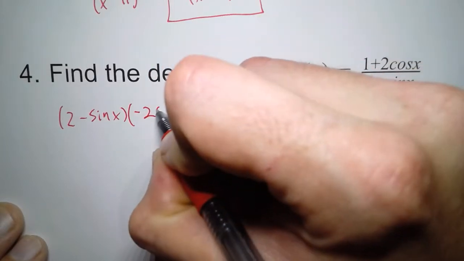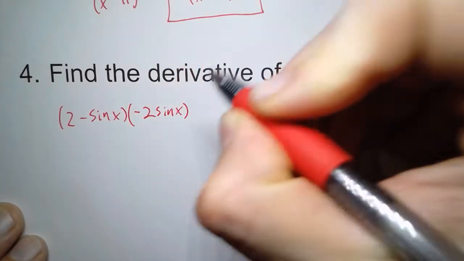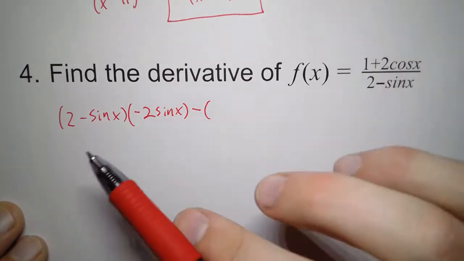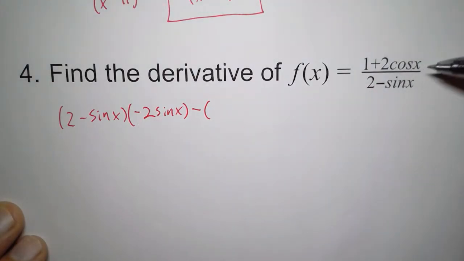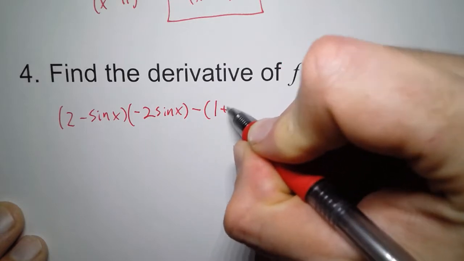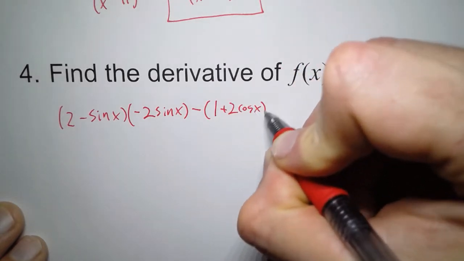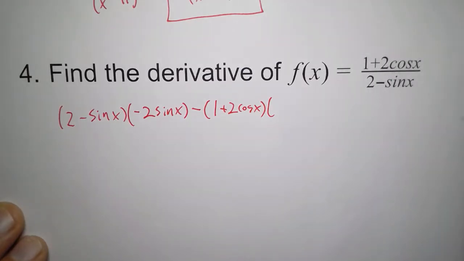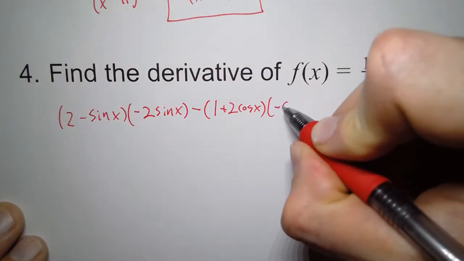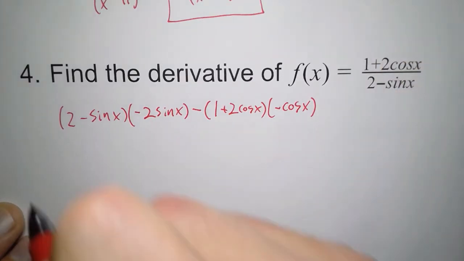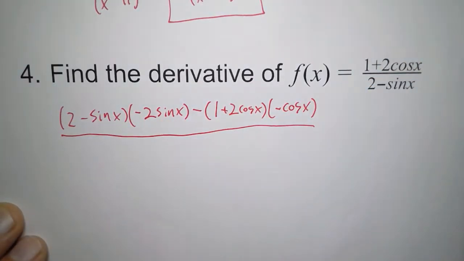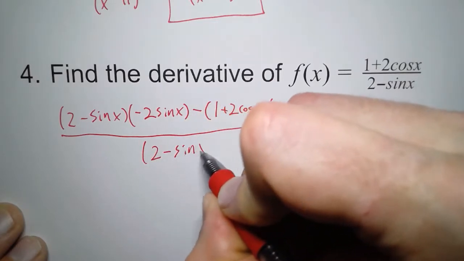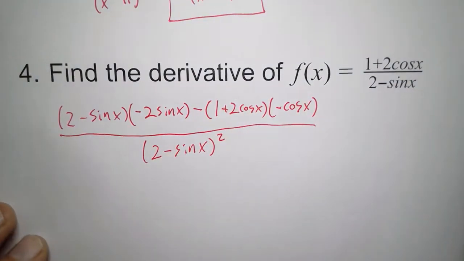So negative 2 sine of x, minus, so we have low d high minus high, the numerator, 1 plus 2 cosine of x. D low, the 2 goes away, and we want the derivative of negative sine x, which is negative cosine of x, all over the quantity 2 minus sine x squared.